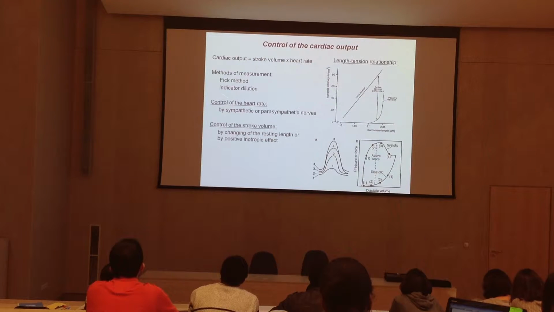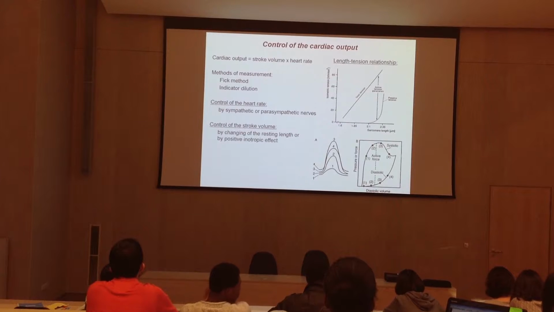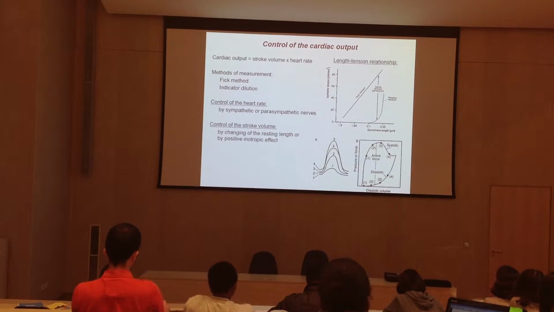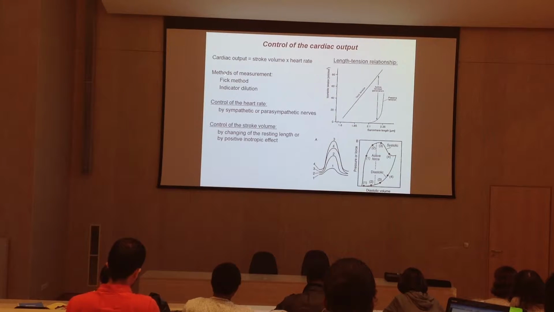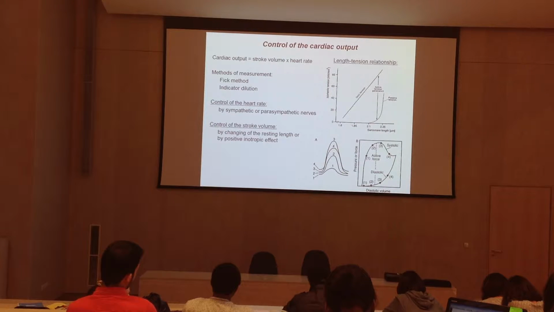How can we measure this cardiac output? There are different methods, older methods or newer methods, but you can find them in the lecture, so you don't need to spend the time. The Fick method measures the oxygen consumption, and from the arteriovenous difference we can find that this consumed oxygen was transported by how many liters of blood.